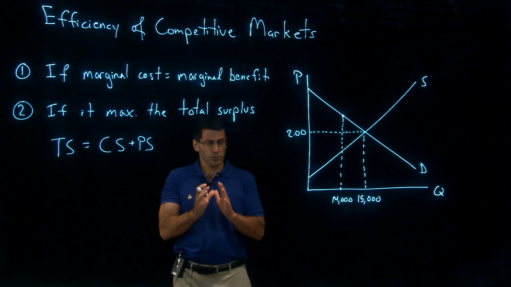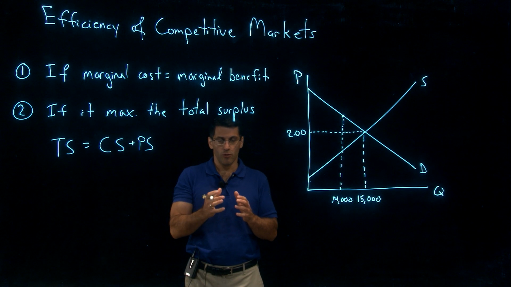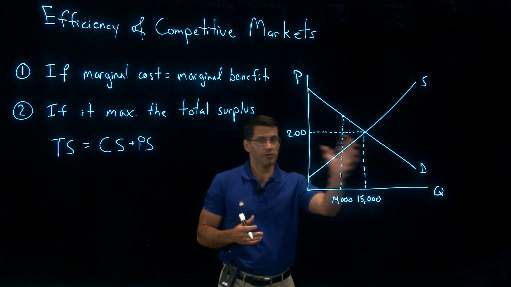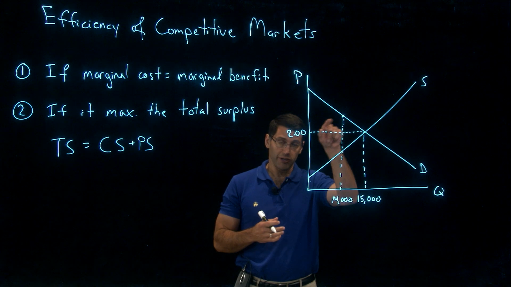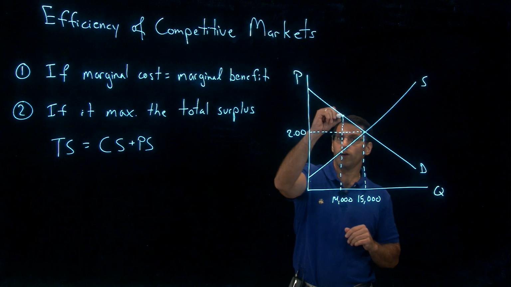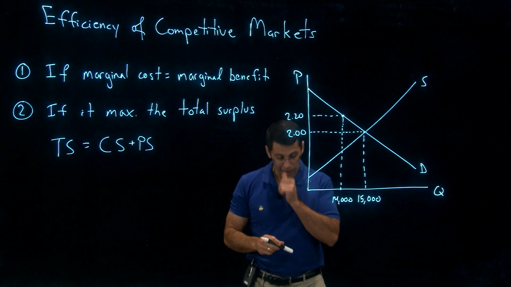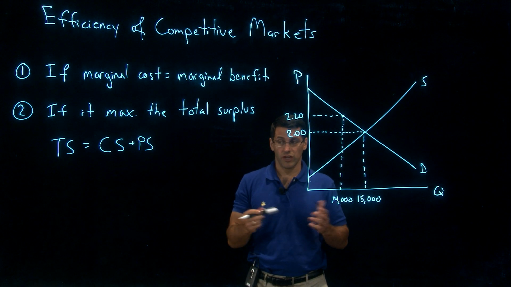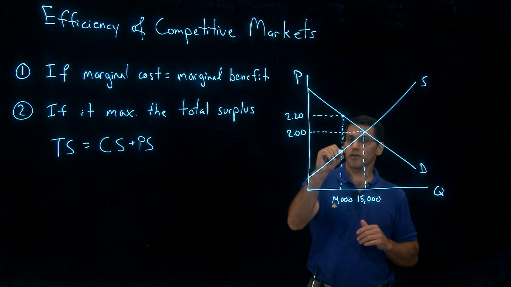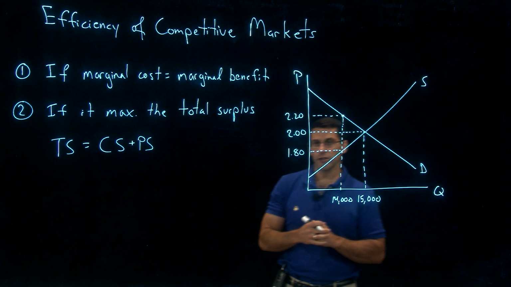The demand curve represents the willingness to pay or the marginal benefit of some consumer in the market who's buying, in this case, a chai latte. Let's say that for whoever this is, they're willing to pay $2.20. Now, there's some seller out there, it could be Starbucks, it could be Heavenly Tea, it could be whoever. Let's say they were willing to supply that chai latte at $1.80.